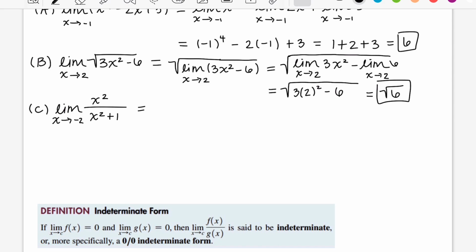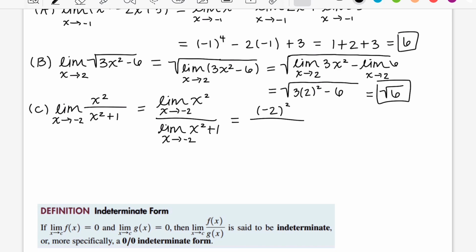So this becomes that guy here. And then again, we can just plug this right in. This is a rational function here. And we get 4 over 5.